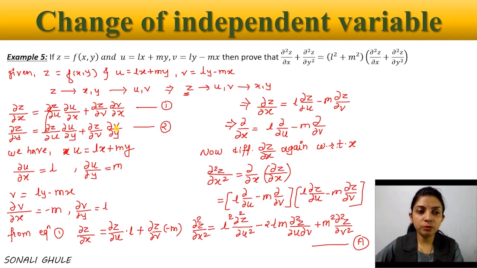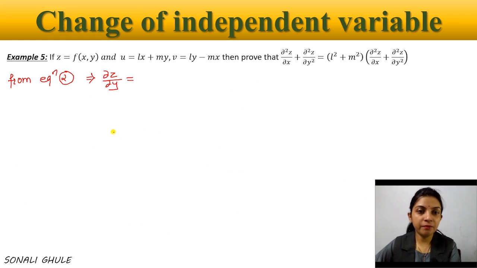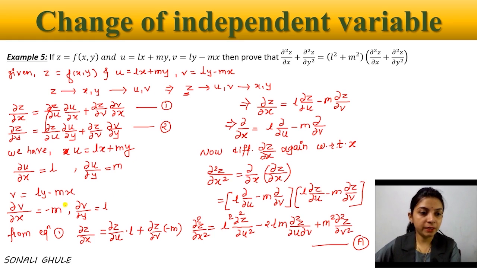We have to put the values of u with respect to y and v with respect to y. So that will give me z with respect to u into, what is u with respect to y, it is m.